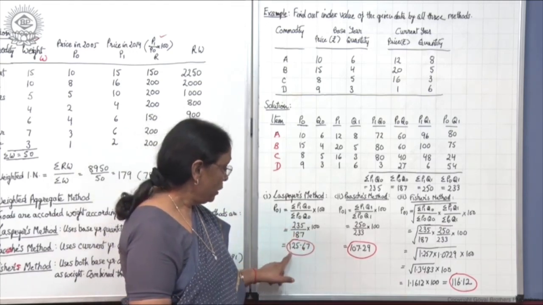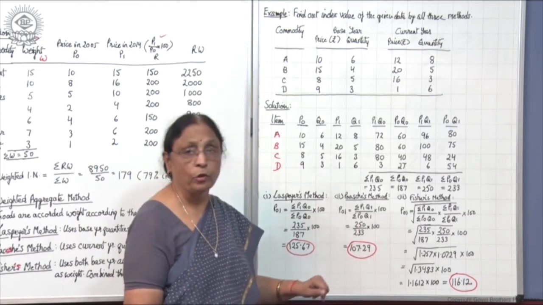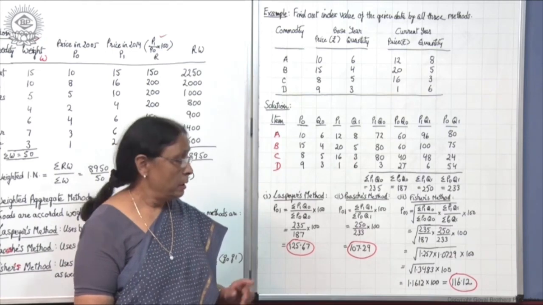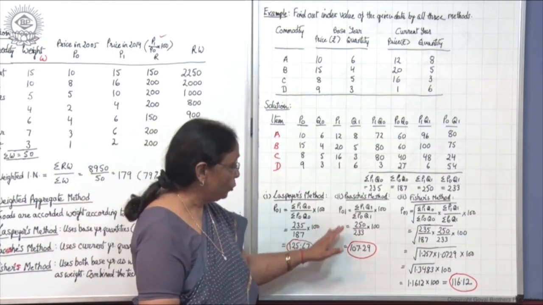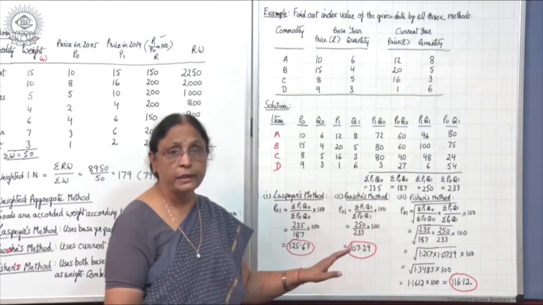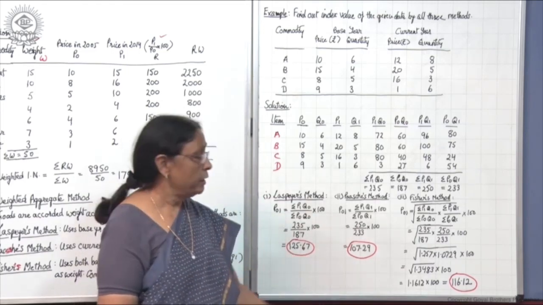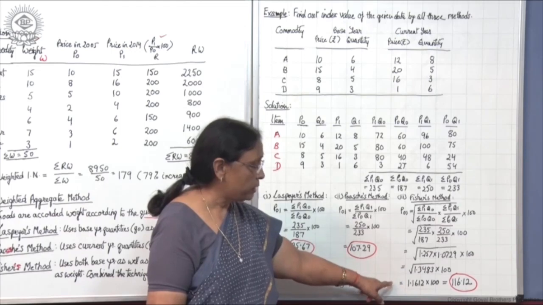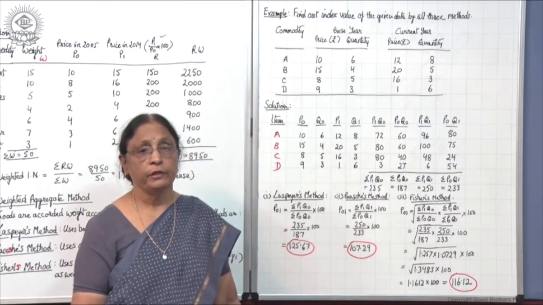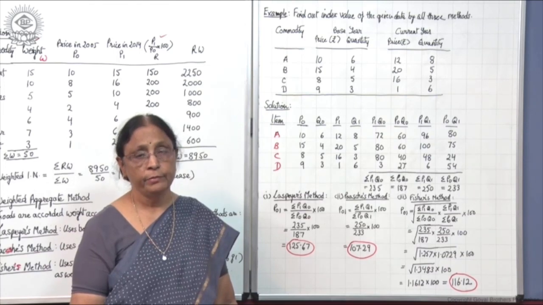There may be a little difference in answers in all the cases. The method is more or less the same, but the answer is a little different, and for this sake we consider Fisher's method as the best index number, or the best method for calculating weighted index number.